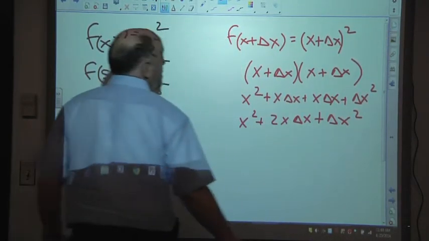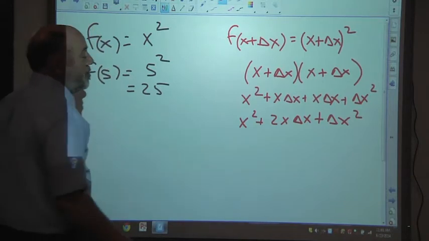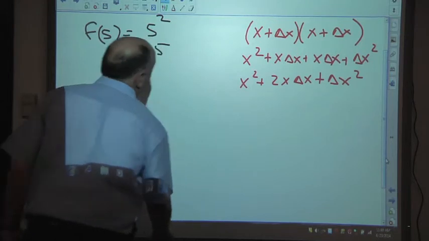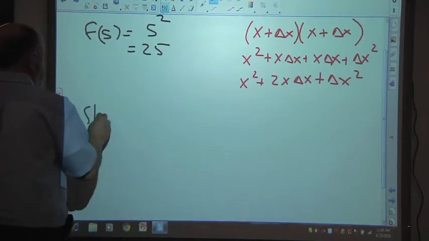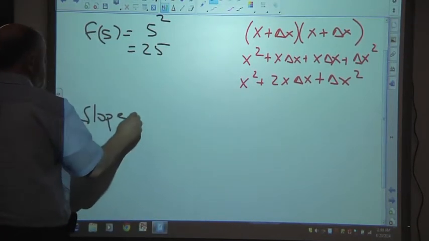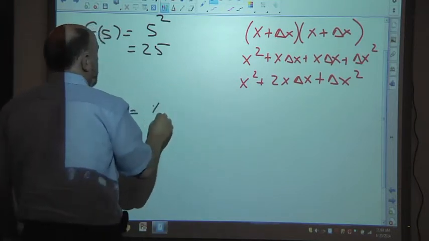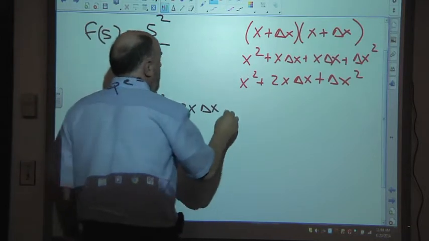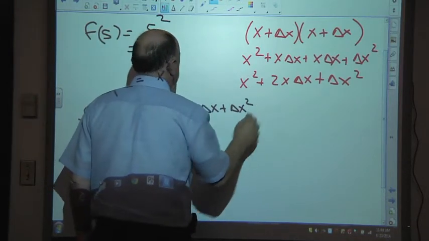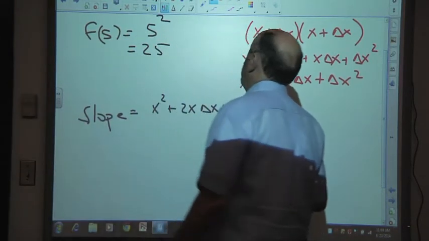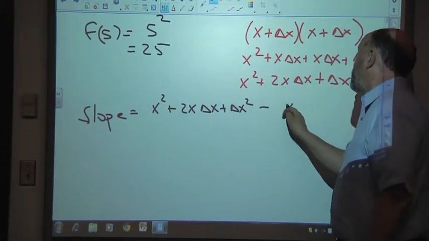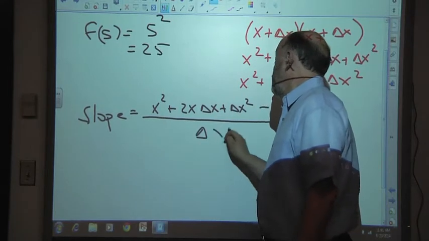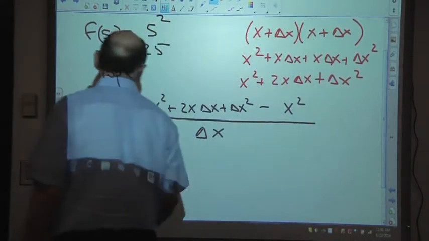So now we can plug this into my formula for slope. And so we got that my slope will be this one, x squared plus 2x delta x plus delta x squared minus my f of x, which was x squared, all over delta x.